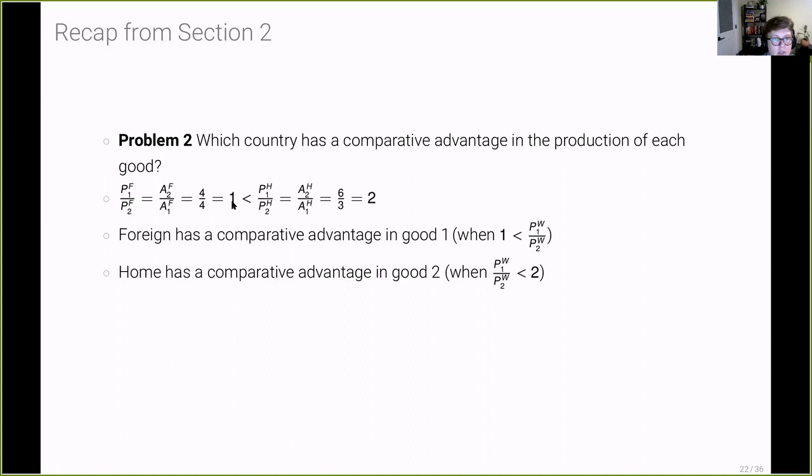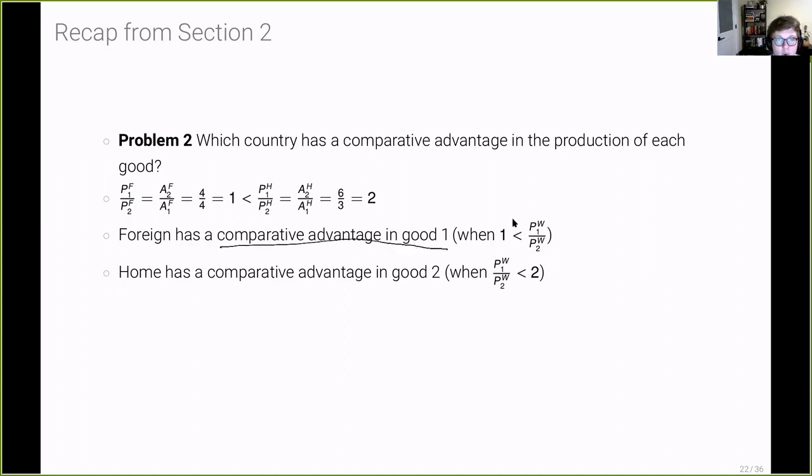And that's going to determine comparative advantage. So we can determine that the relative autarky price of good 1 in foreign is going to be 1, and the relative autarky price of good 1 in home is going to be 2. And so foreign is going to have a relatively lower opportunity cost of producing good 1 in terms of good 2. And so foreign is going to have the comparative advantage in good 1.